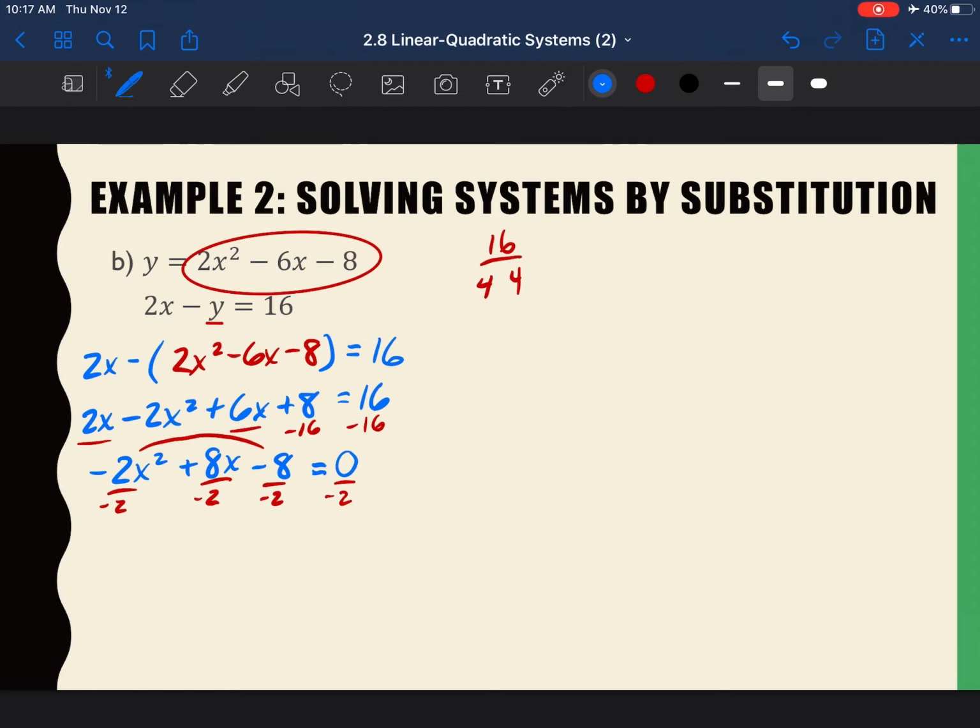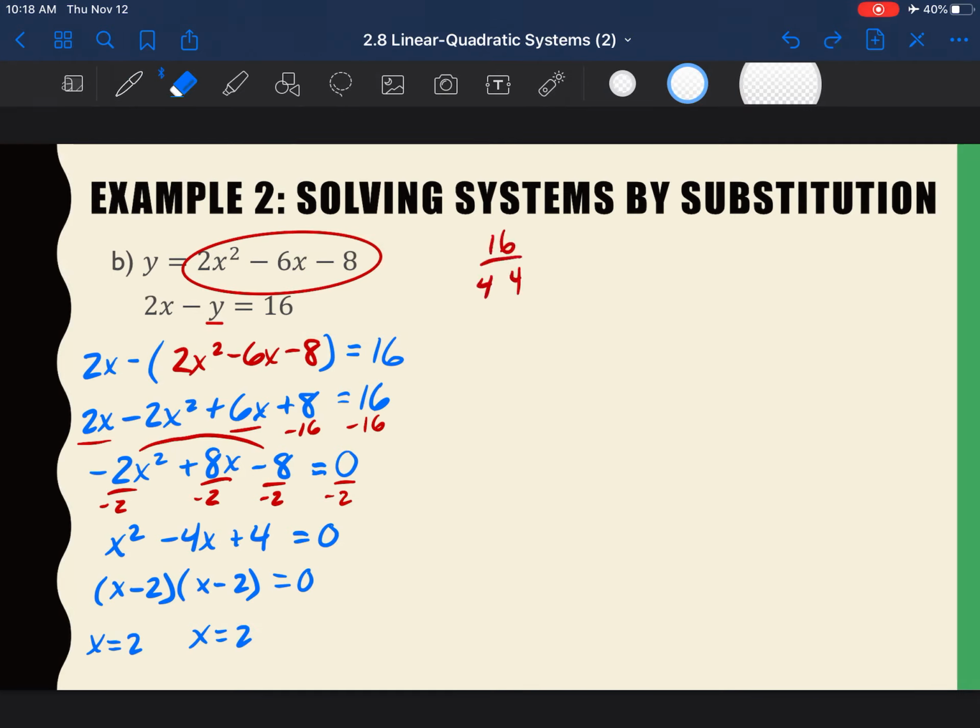That gives me x squared minus 4x plus 4 equals 0. And it looks like this would factor, this is an easy type of factoring, so that's why I regrouped. So x minus 2 times x minus 2 equals 0. So x is equal to 2 and x is equal to 2 for both answers.